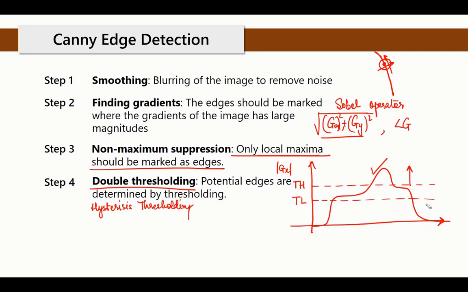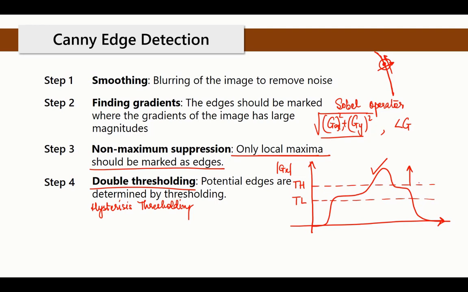Everything below this threshold is definitely out, meaning the edge response was not strong enough. It probably was some discontinuity, or some noise, or some patterns in the image which really do not contribute to a strong edge. So anything below my lower threshold, I'm definitely dropping.